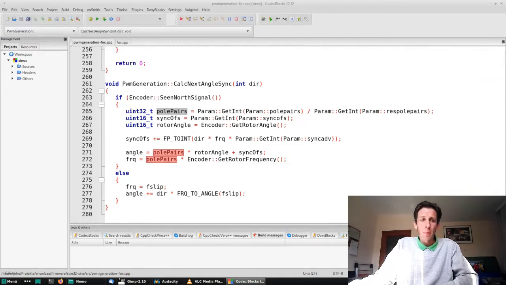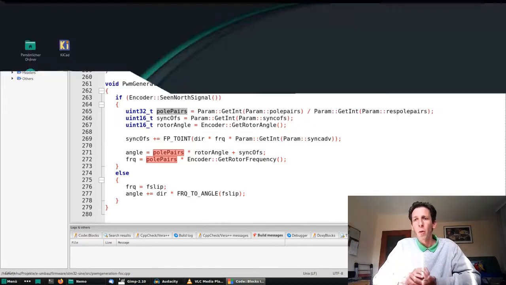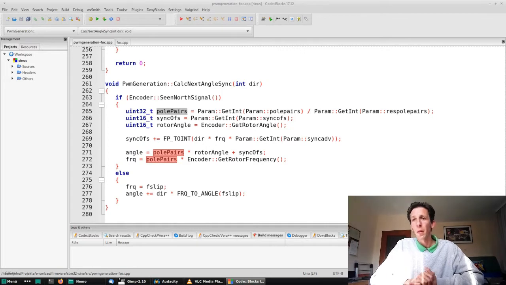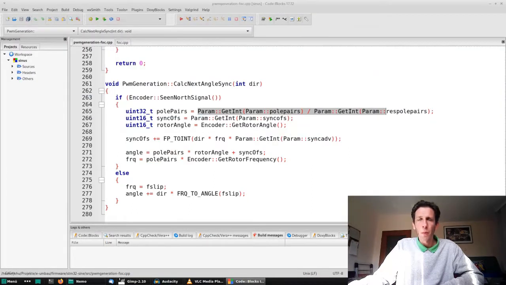For us, it's important the ratio of pole pairs between the resolver, or the position feedback, and the actual motor. In most cases, that is equal. So if you have a 4-pole pair synchronous motor, they will stick a 4-pole pair resolver to it. So this equation completely cancels out and becomes 1.